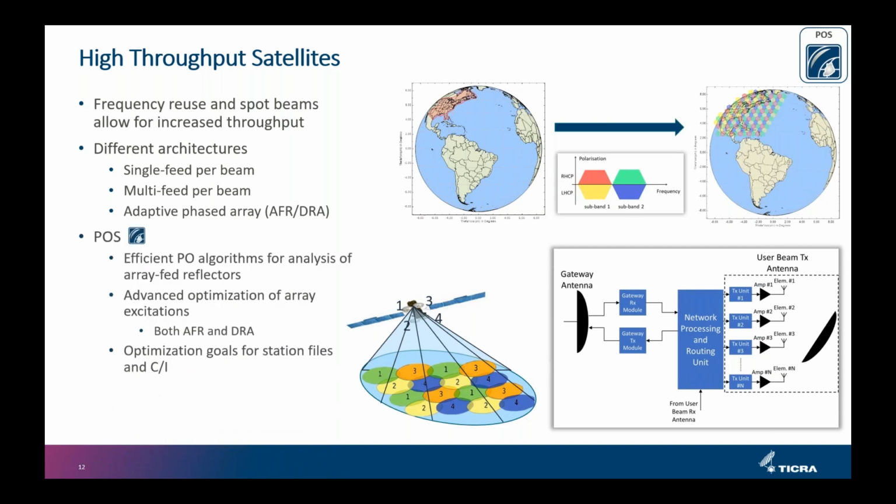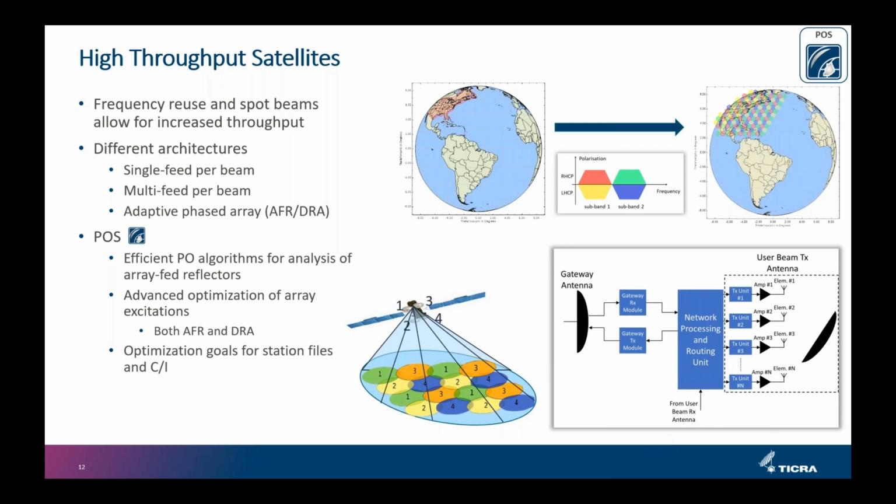So to meet these demands, we have extended POS, which started out mainly for contoured beams, but has now been extended to also be able to do these multi-beam antennas. We still have the efficient PO algorithms that we have had for many, many years in POS. And now we have extended them with this advanced optimization of array coefficients, which works for both array-fed reflectors and direct radiating arrays.